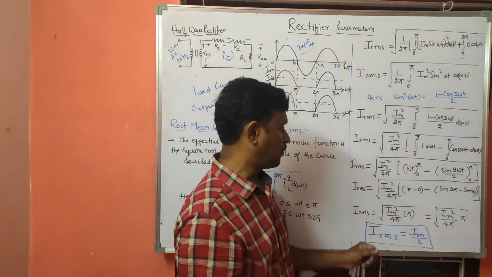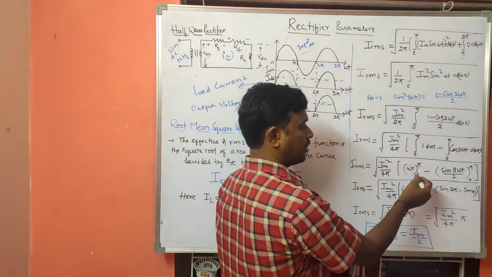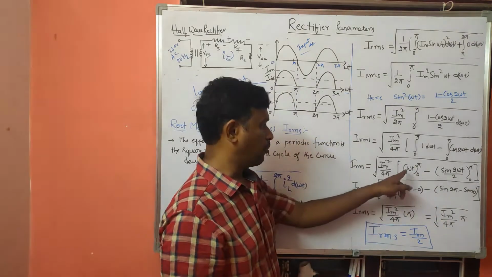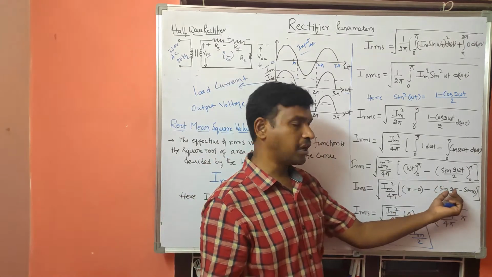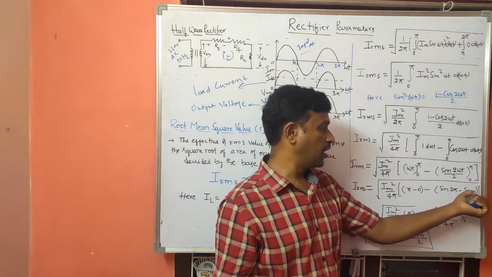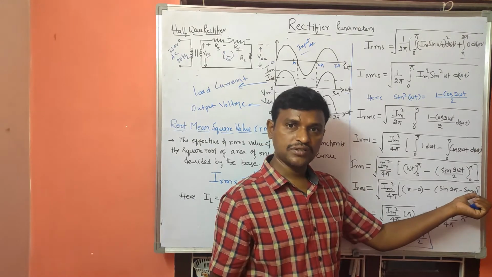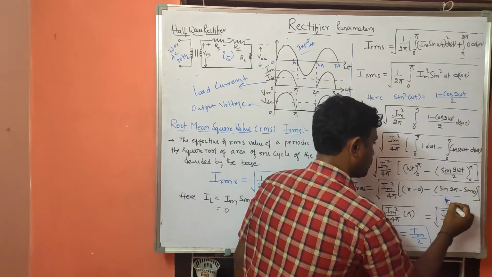So we get pi minus 0 for the first part, and sin 2 pi and sin 0 for the second, which are both 0, so that term is 0.